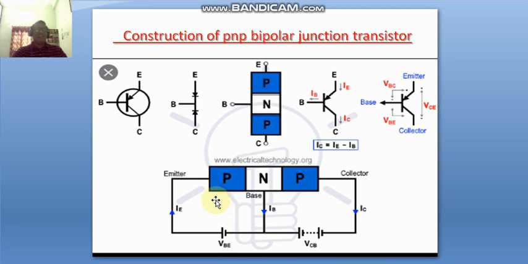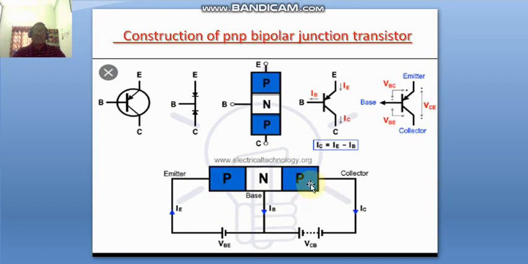In a transistor, the input circuit is always in forward bias. Therefore in the PNP transistor, this P and this N are connected to the positive and negative terminals of the battery. This circuit acts as the forward bias or input circuit.